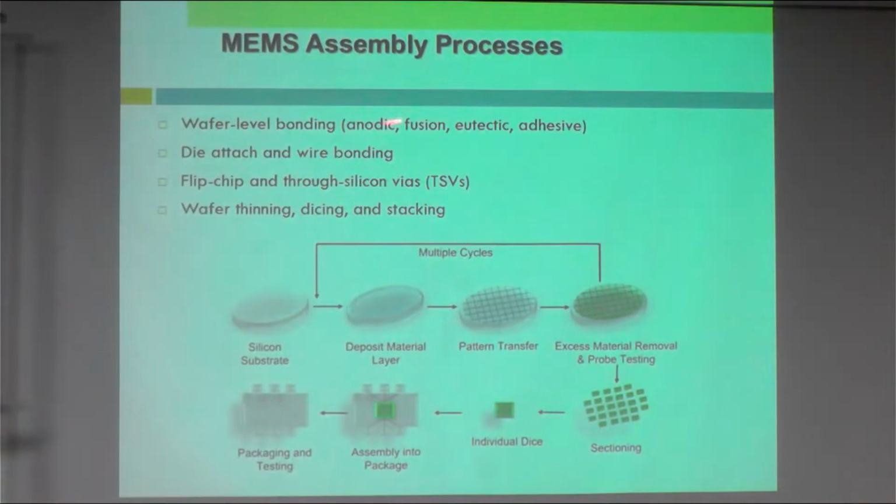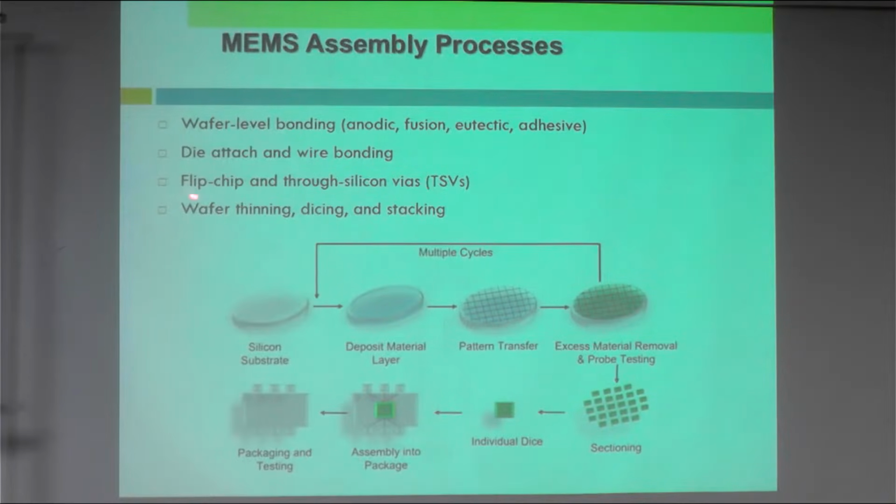Wafer level bonding normally will be done using anodic, fusion or eutectic, or using adhesive bonding. Die attach and wire bonding can be done, as I mentioned before. You do wire bonding to integrate the electrical circuitry.